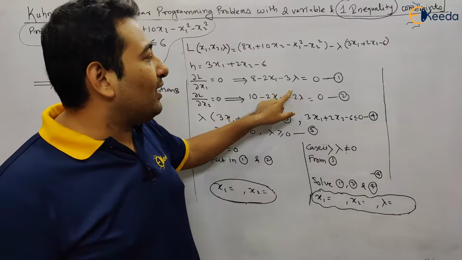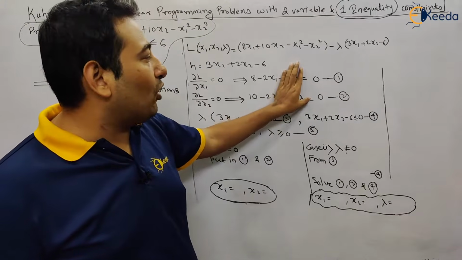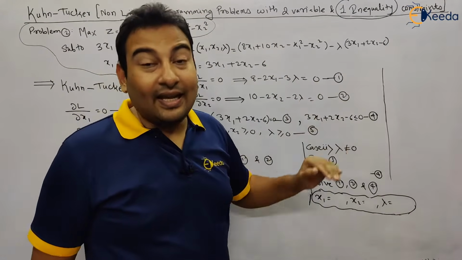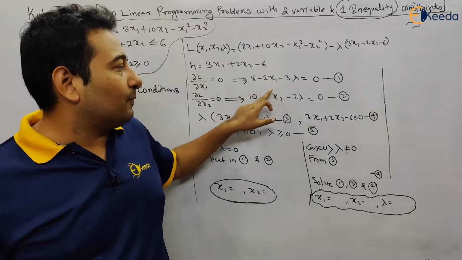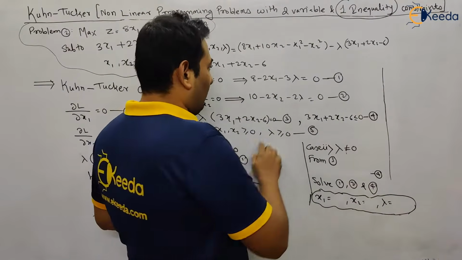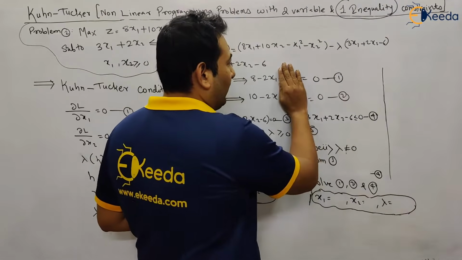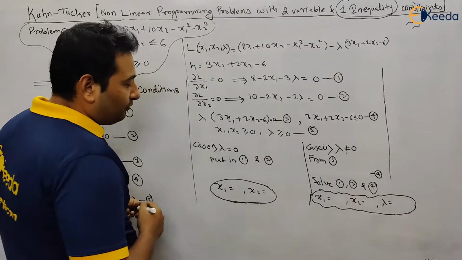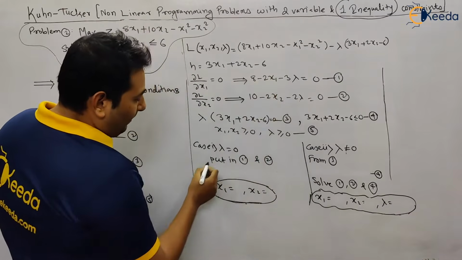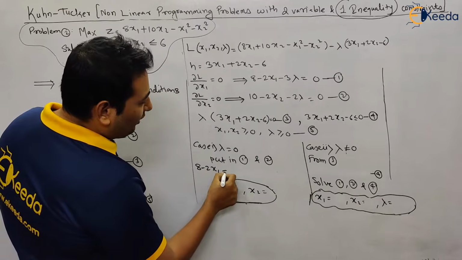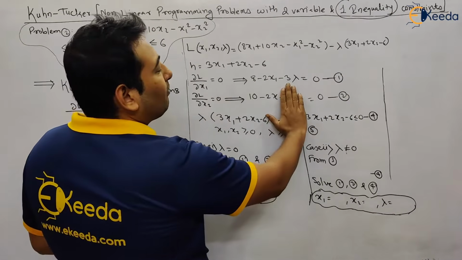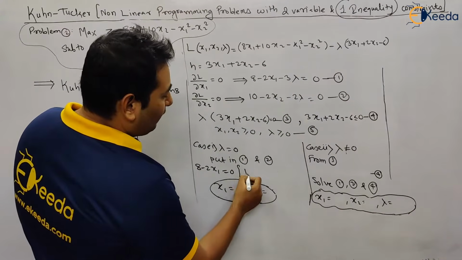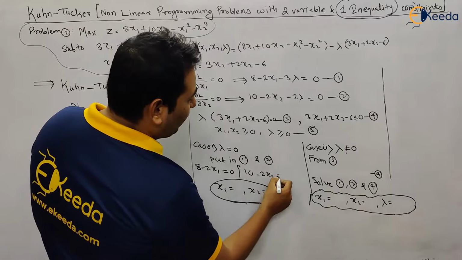If I substitute in equations number 1 and 2, the lambda terms will be gone and I'll be left with 2 equations and 2 unknowns. So lambda equal to 0, forget about it. Equation number 1 becomes 8 minus 2x1 equal to 0, and equation number 2 becomes 10 minus 2x2 equal to 0.